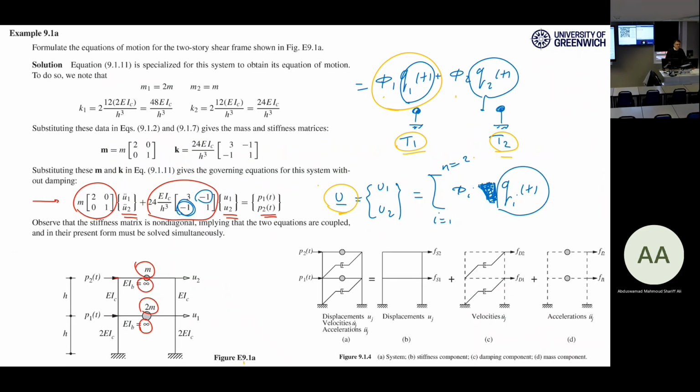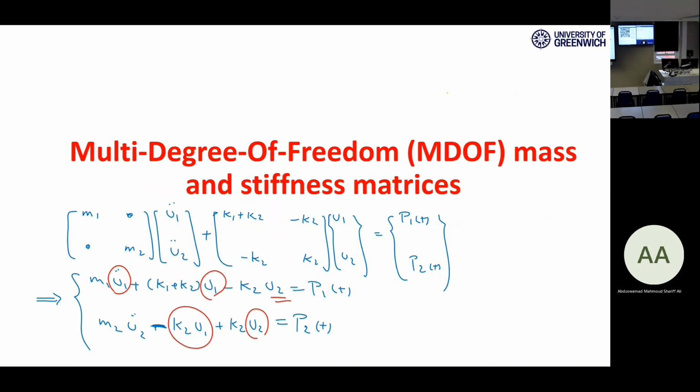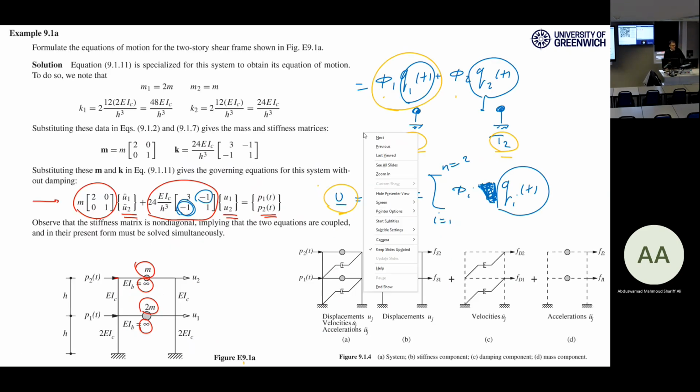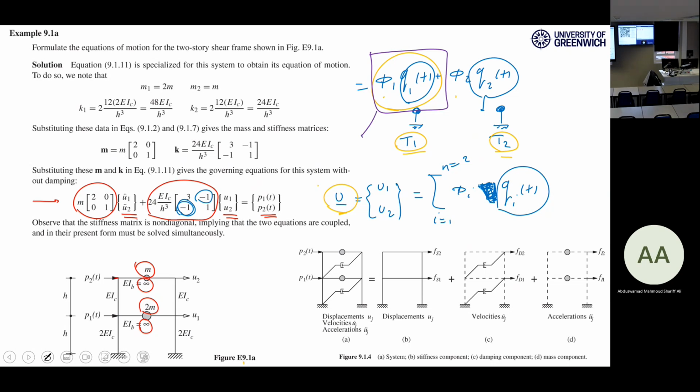And for now, I want to emphasize that this part goes to Eurocode 8 by assuming that the other terms are not important. The first term is important, only T1, only phi1, Q1.